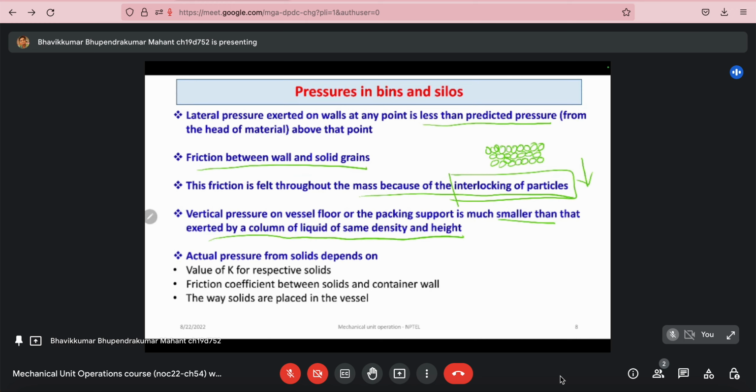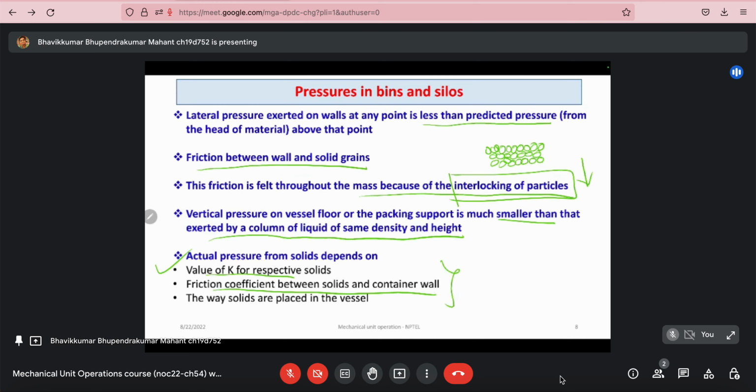Now, this is an important thing: what does the actual pressure from the solid depend on? It always depends on the value of K for the respective solid, the friction coefficient between the solid and the container wall, and the way solids are placed in the vessel.